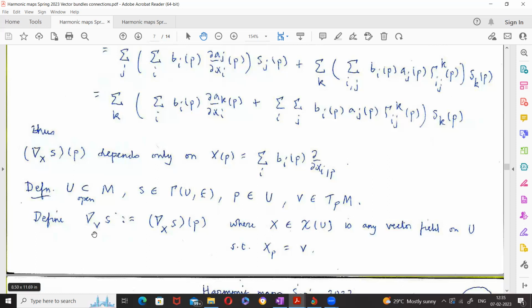We can localize at a point. So it doesn't even depend on the germ of the vector field near P. It only depends on the value of the vector field at P. Is that clear? Yes, sir. Okay.